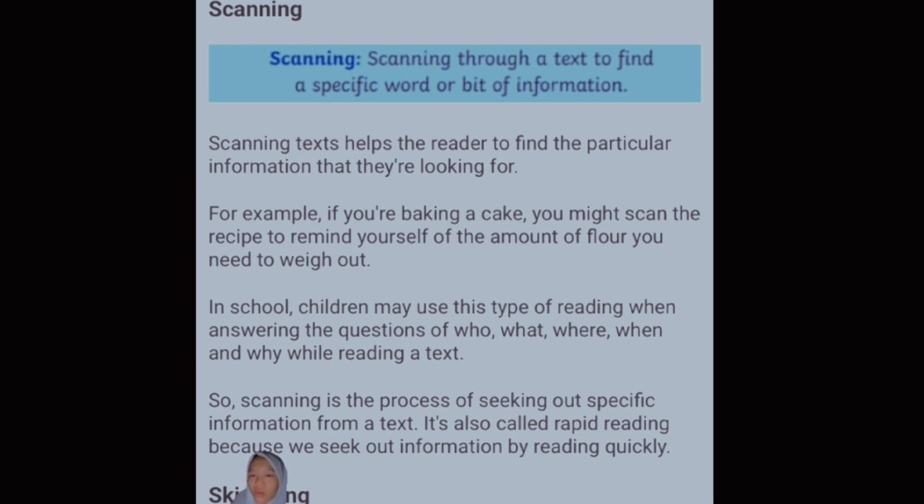In schools, children may use this type of reading when answering the questions who, what, where, when, and why while reading a text. So, scanning is the process of seeking out specific information from a text. It's also called rapid reading because we seek out information by reading quickly.